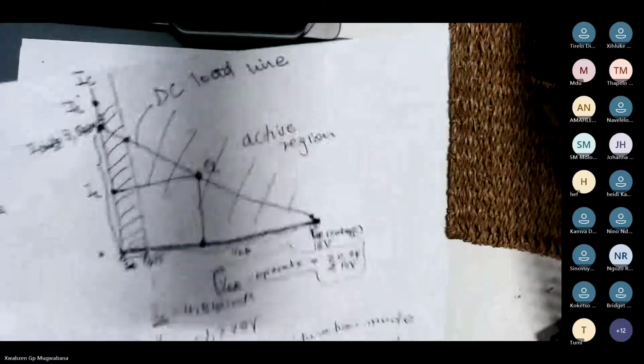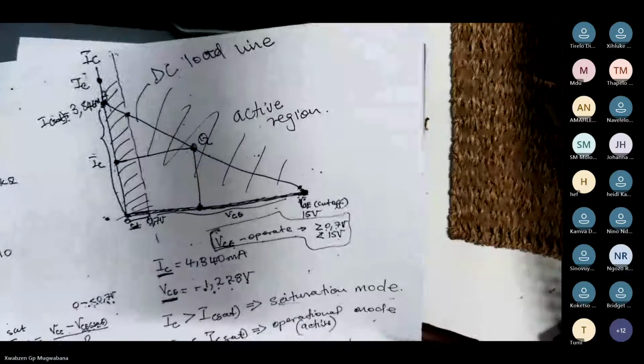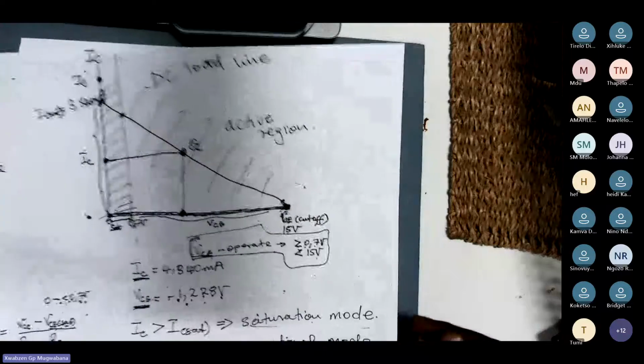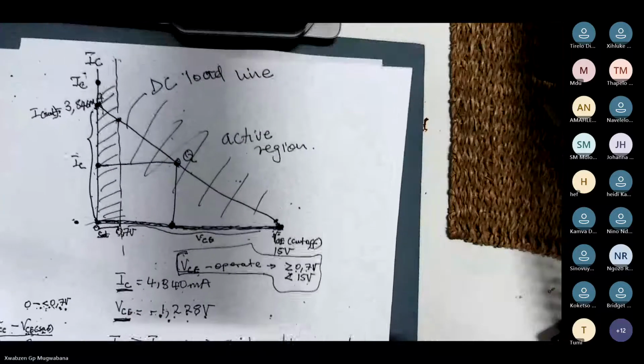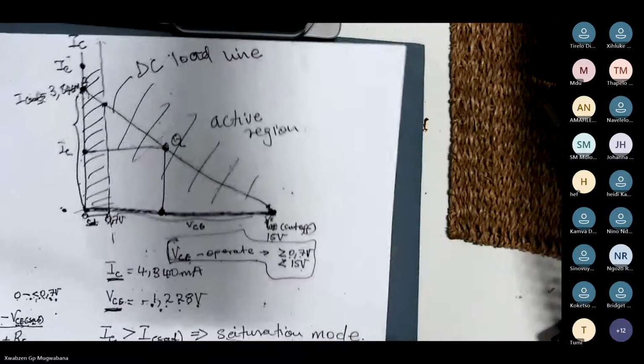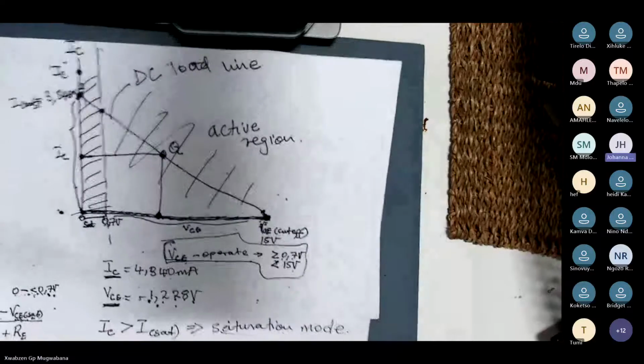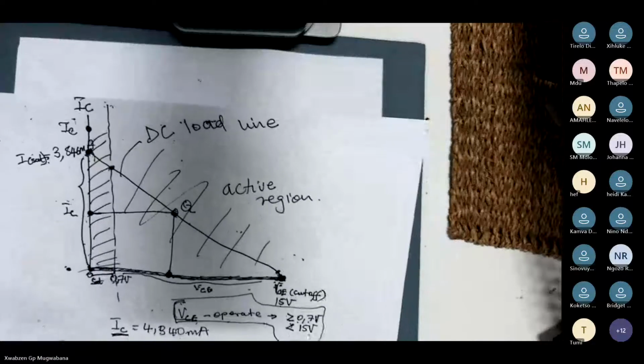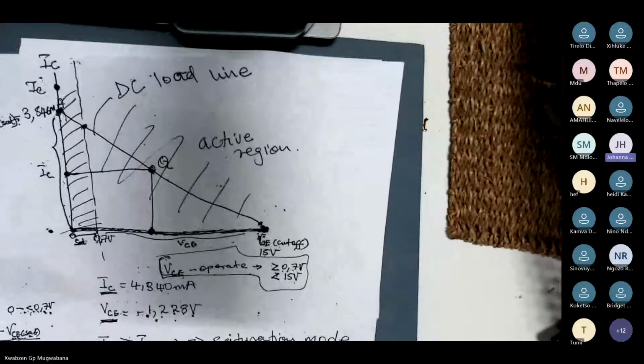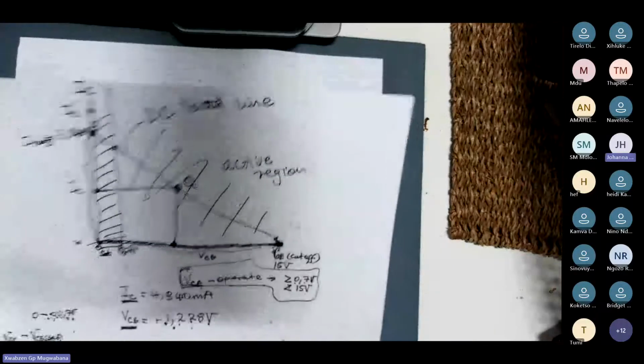Let me take another example. Can we push to 10 o'clock?